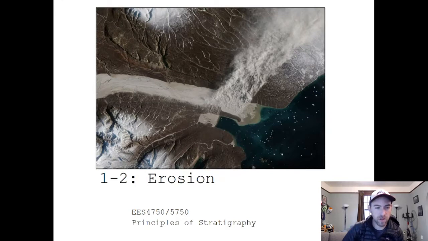This is going to be a pretty brief component of the lecture. We aren't going to go into too much detail, because these processes are not irrelevant, but we'll cover a lot of the details of these processes later because they tie into a lot of the depositional environments. So we'll cover them quite a bit more later as they become relevant to the stratigraphic aspect of things.